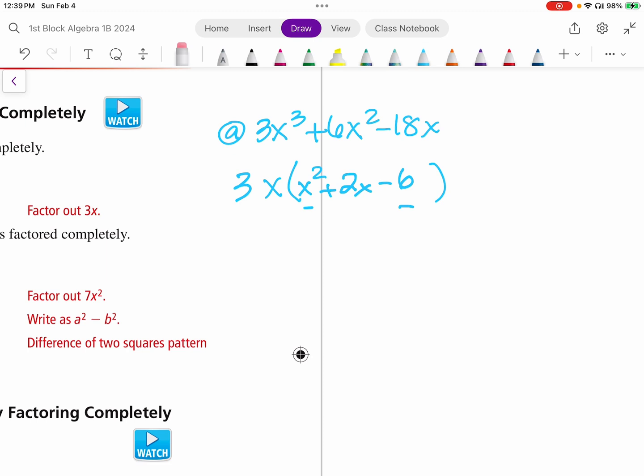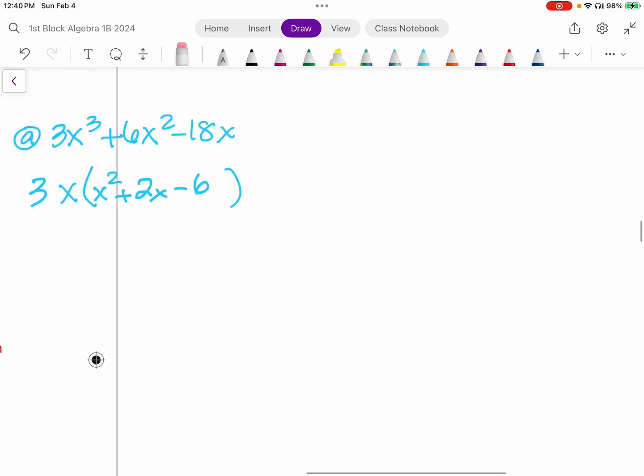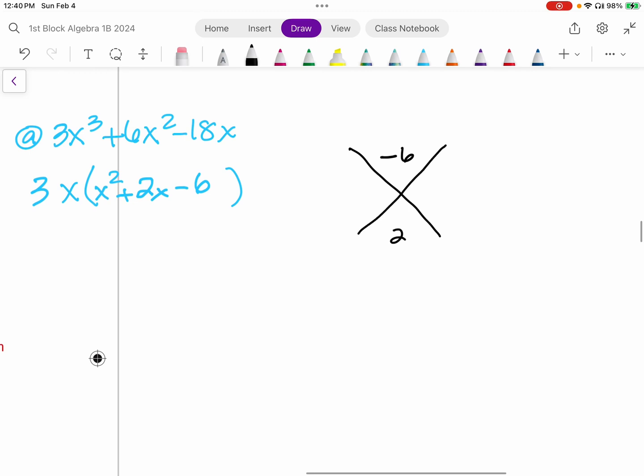So this is not a perfect square trinomial, which means we need to check our X box method and see if x squared plus 2x minus 6 can be factored. So we have a times c, 1 times negative 6, and b, positive 2. Are there two numbers that we can multiply to get negative 6 and add to get 2?